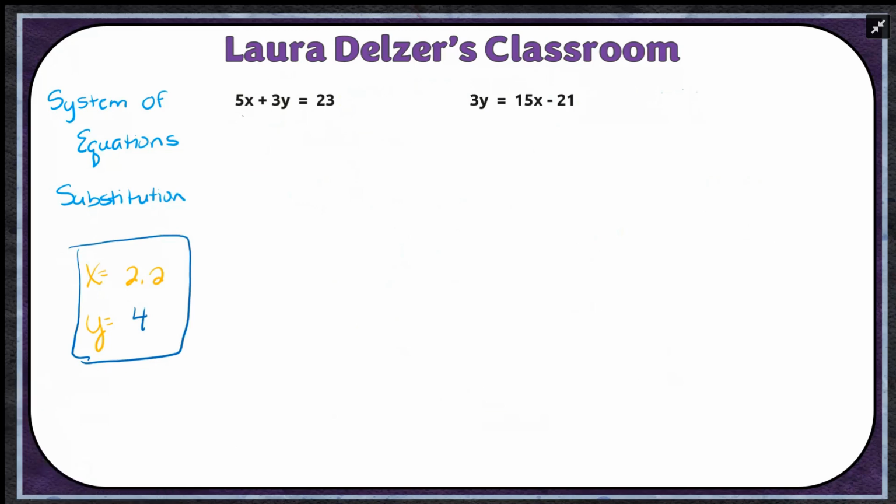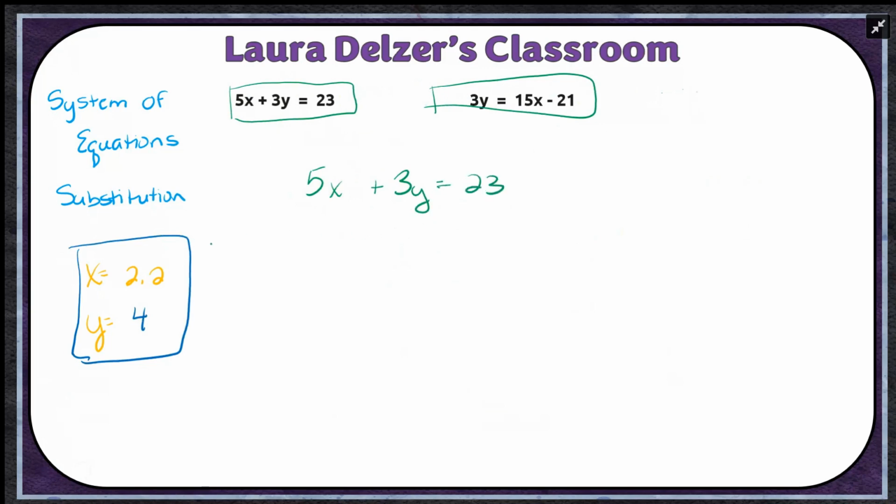So let's see what I mean by that. I'm just going to pick one of these. I could check my work with this one, or I could check my work with this one. Totally your call. I'll go ahead and do 5x plus 3y equals 23. It really honestly doesn't matter. So my x is 2.2.